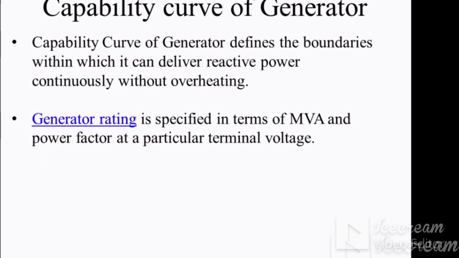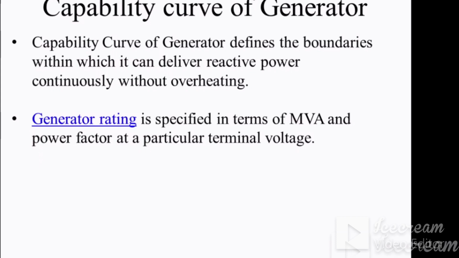There is a certain permissible region of operation of the alternator, and this region is restricted by many other parameters like its MVA rating or its loading, that is megawatt loading, its field current, its armature current, and these all put limits for the operation of the alternator. So let's see in detail.